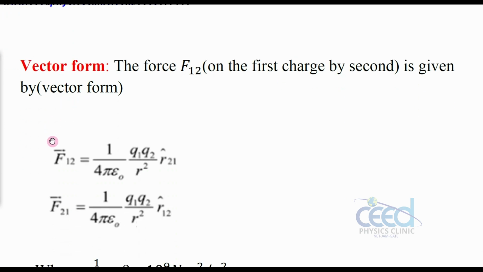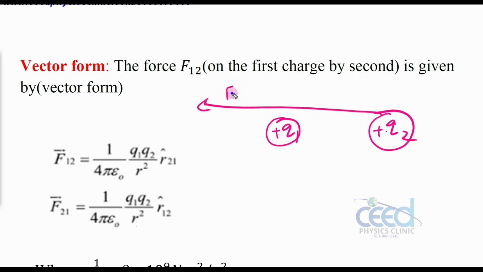Now see this F12, we can represent it like this. Here q1 and q2, both are positive if I consider. Now you can see this 2 repelling this 1, so this is the direction of F12 and this is the direction of F21. Now you can see F12 is directed from 2 to 1, second charge to first charge.